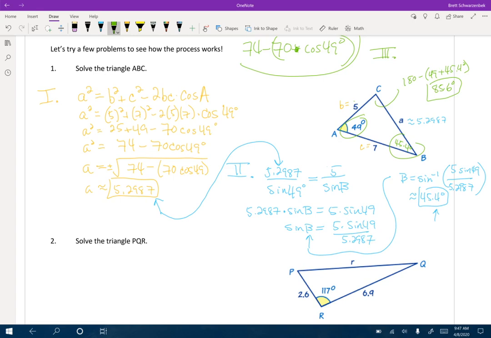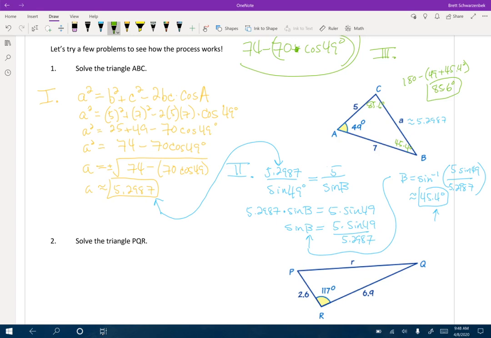Now, the last thing I want to do here, just to be clear on how this is set up, is I'm going to get rid of all the pieces here that I have, and then I'm going to put the remaining angle here, 85.6. Now again, recall from my Law of Sines lesson what we talked about.